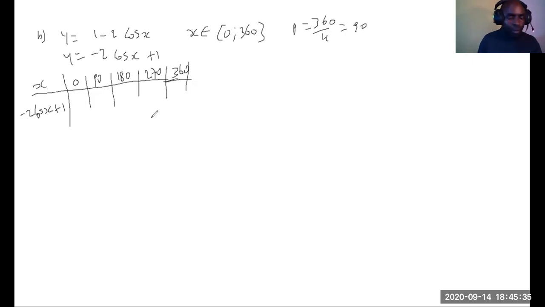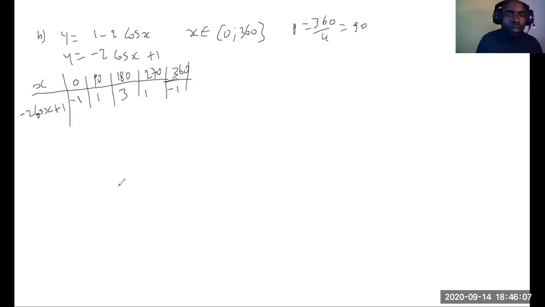Then here I have got negative 1, that is 0. I have got negative 1, 90, I've got 1, 180, I've got a 3, 270, I've got 1, 360, negative 1.